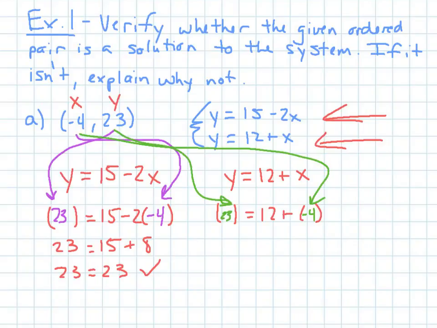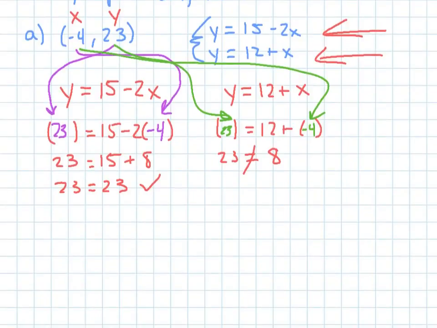Sorry for the confusion there. And then I want to simplify just like before. So 23 equals 12 plus -4, which is going to be 8. So does 23 equal 8? Nope. So it does not work. So we say no.